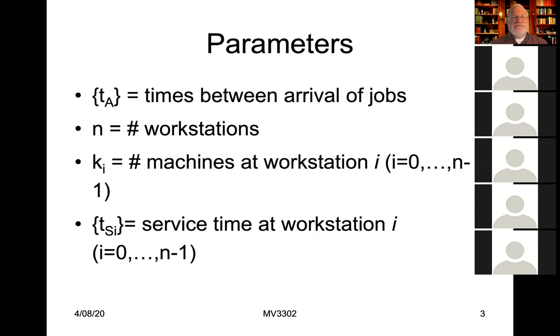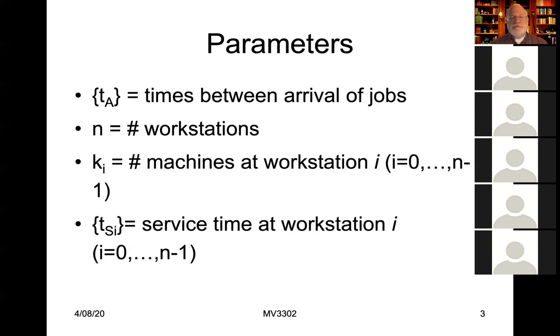Now, since we have n of these workstations, we're going to number them with this silly zero-based indexing. Because each workstation can have a different number of machines, we need to specify that basically as an array. So k sub i is going to be the number of machines at workstation i. And there are going to be n of those, indexed 0 through n minus 1, just like a Java array.